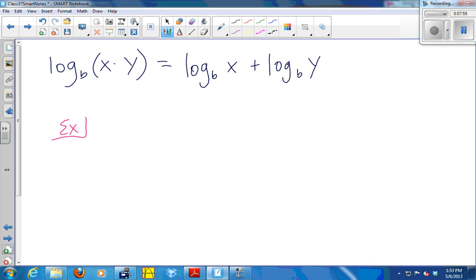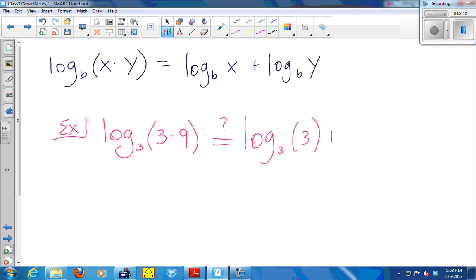it's true. So let's say I want to do log base 3 of 3 times 9. Okay. So this should equal log base 3 of 3 plus log base 3 of 9.